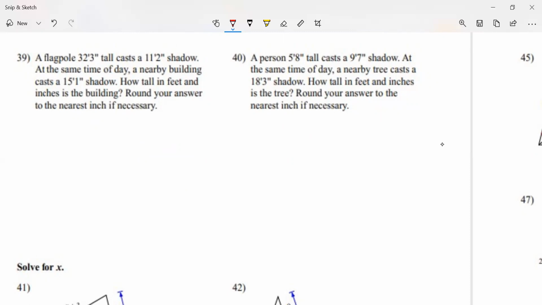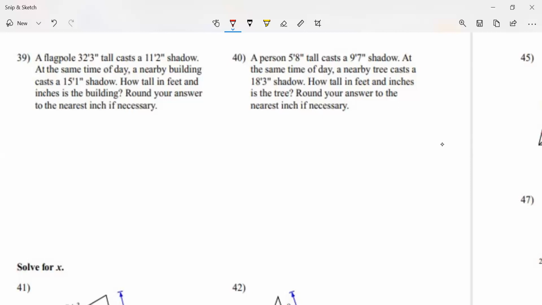It is not 32.3. We could easily use a decimal if there were 10 inches in a foot. But because there are 12 inches in a foot, we don't just call it 32.3. Instead, I'm going to convert everything into inches.